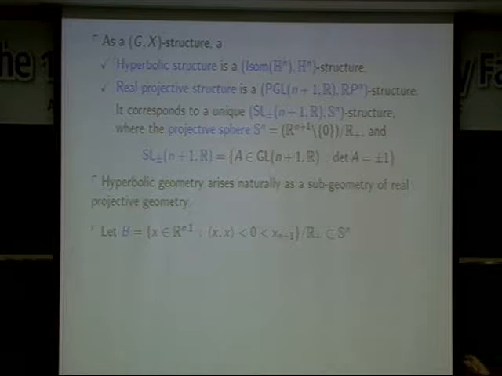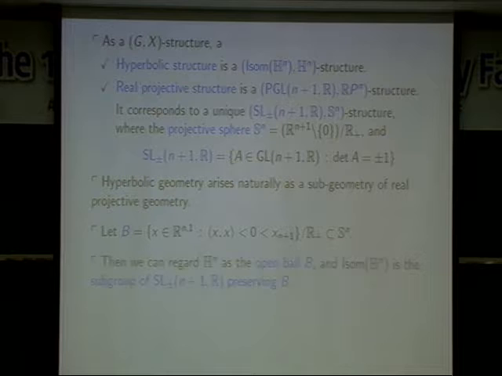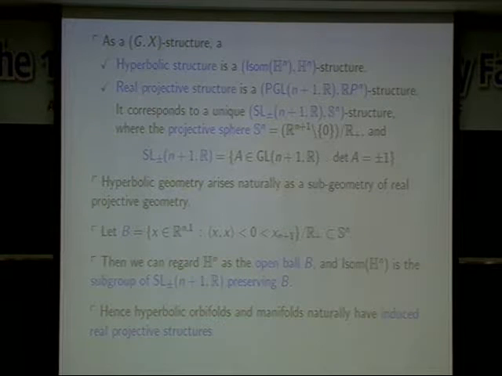This guy is B, right? H^n is an open ball B, and the group of isometries of hyperbolic space is the subgroup of SL^± preserving B. So hyperbolic manifolds or orbifolds naturally have an induced real projective structure.